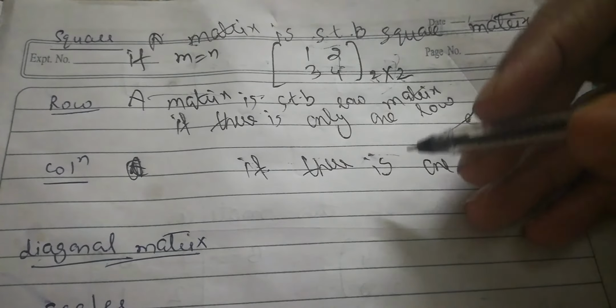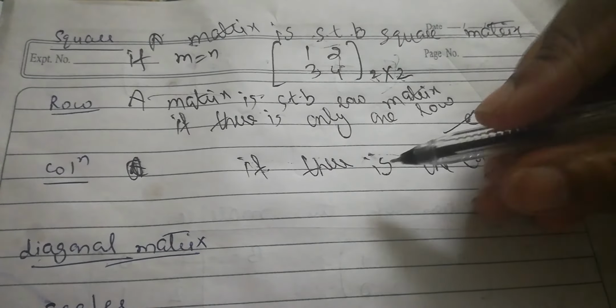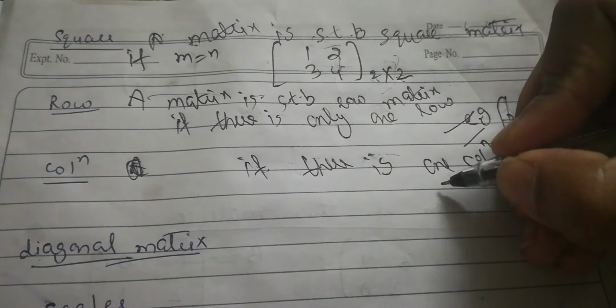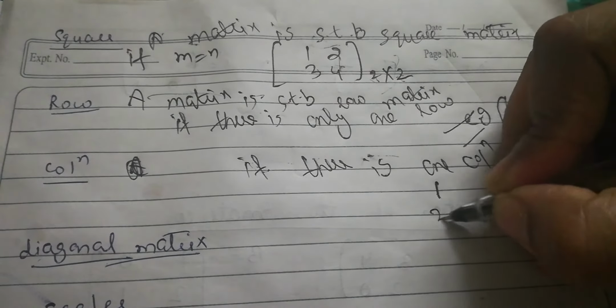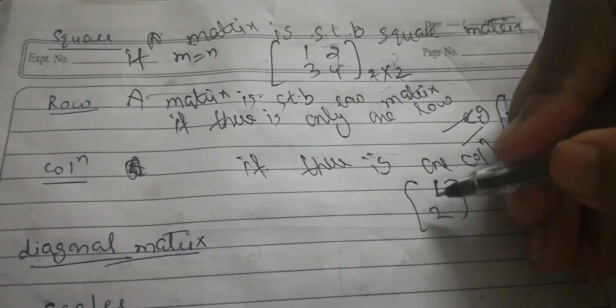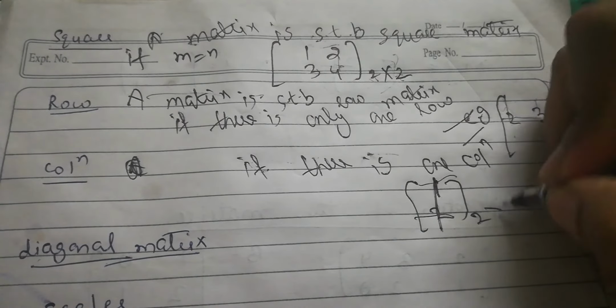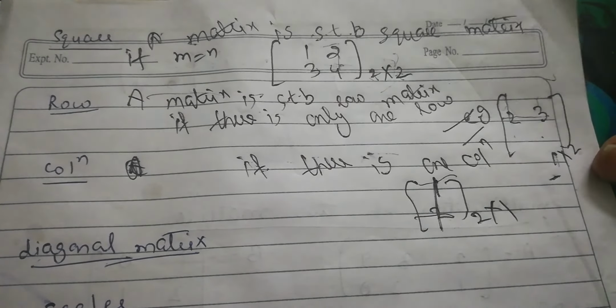So what is the example of a column matrix? It means column should be 1. We will not discuss about rows, but the column should be 1. So example, 1, 2. See guys, the column is 1, but the rows are 2. 2 by 1. Clear to you?